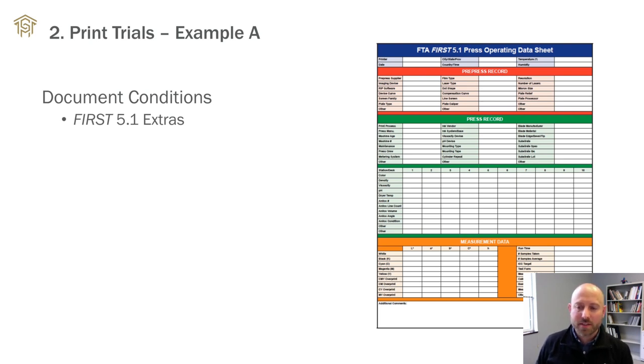Go ahead and do measurements. Fill out all of it. On a general print run, there's definitely data here that you don't need for every single job. For example, documenting the number of lasers that are in your plate maker.